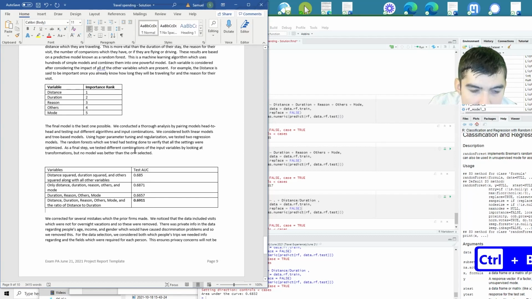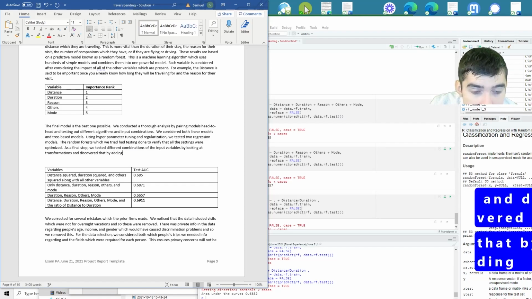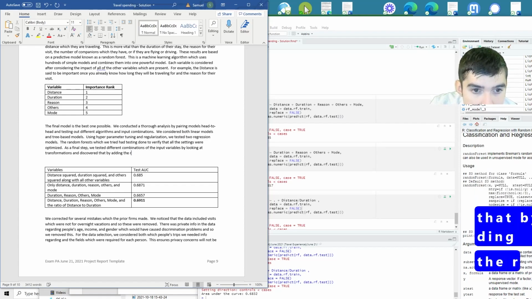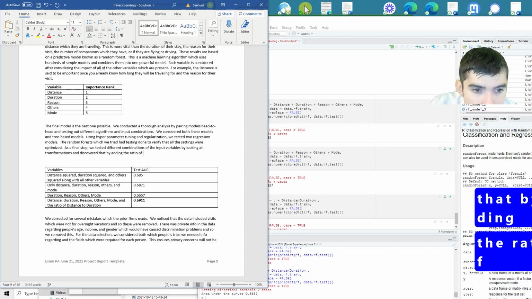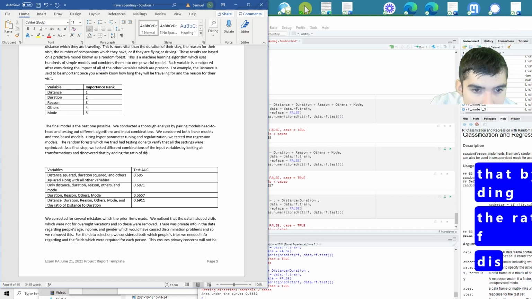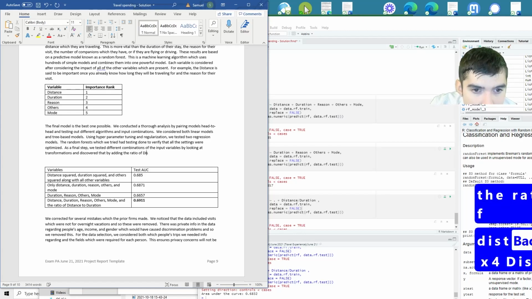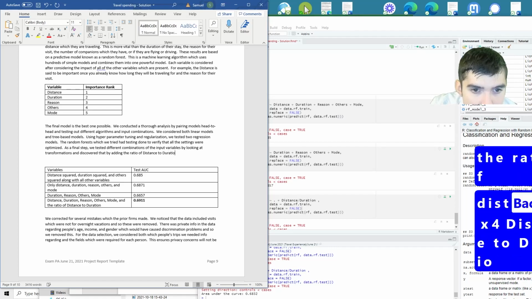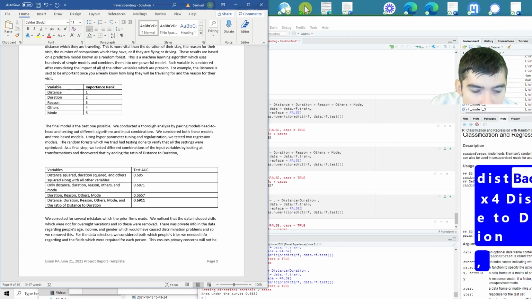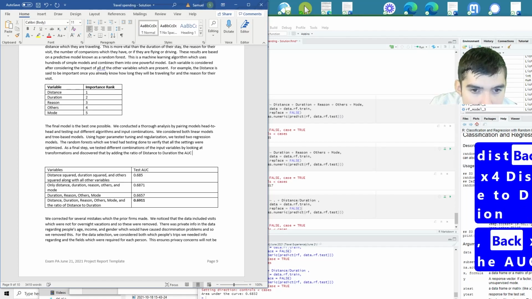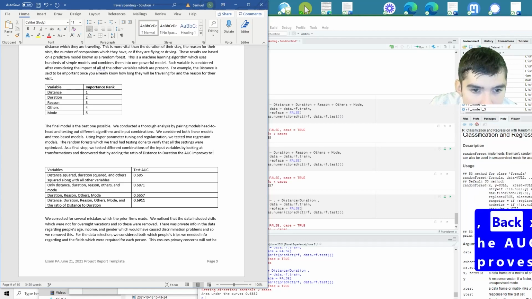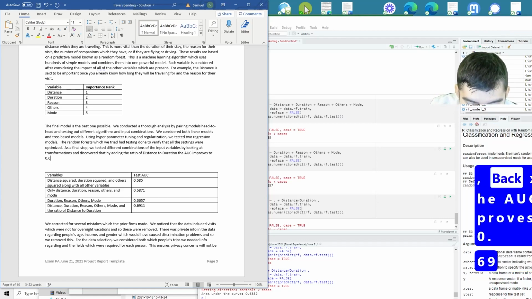As a final step, we tested different combinations of input variables by looking at transformations and discovered that by adding the ratio of distance to duration, the AUC improves to 0.6911.